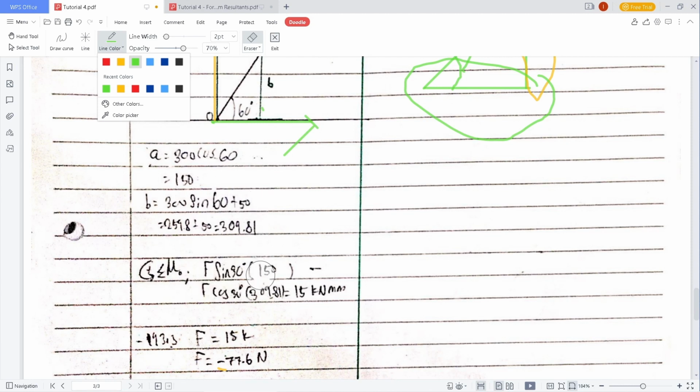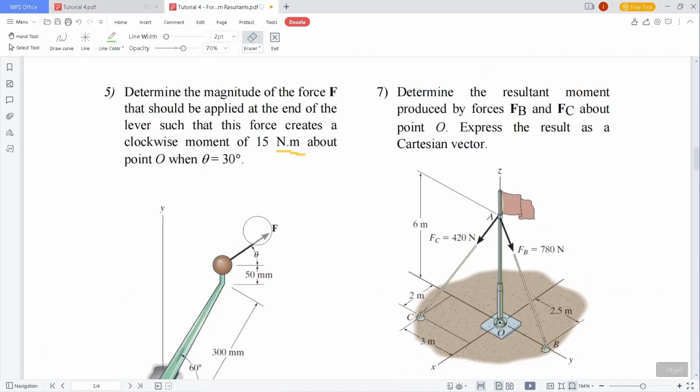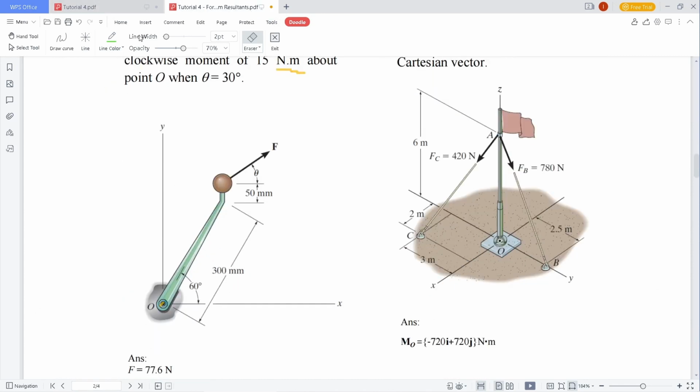Now you need the perpendicular distance. For the x component, the perpendicular distance will be from this point to this point. It's not like that, but the perpendicular distance for the x component will be from here to there.